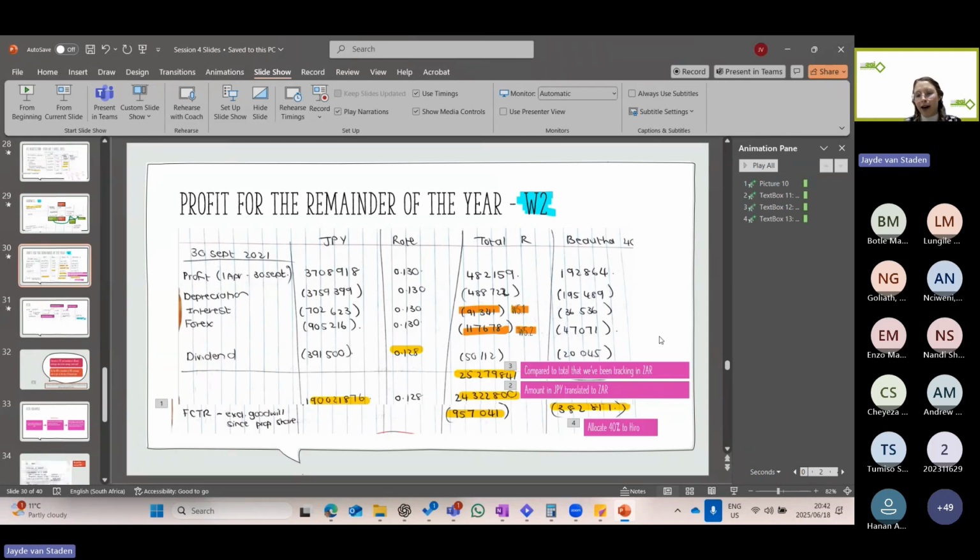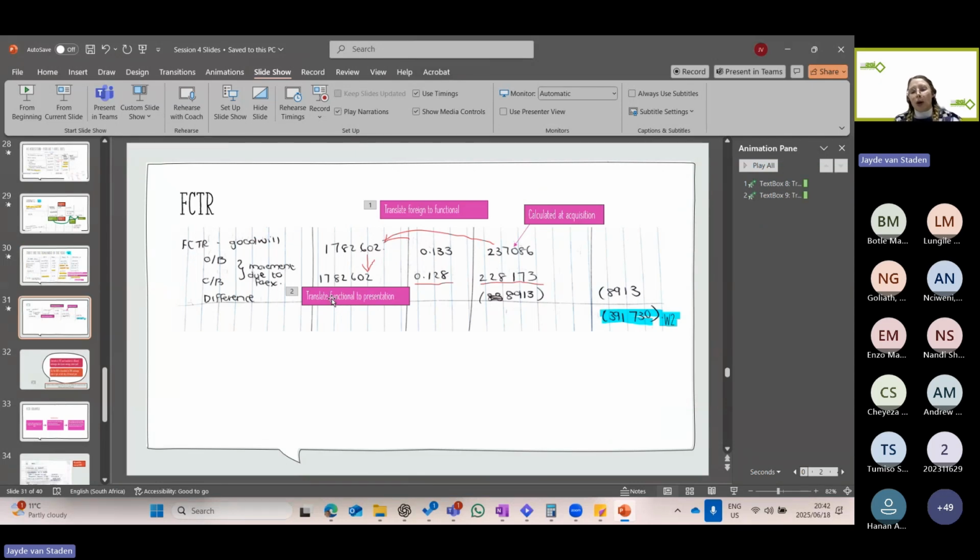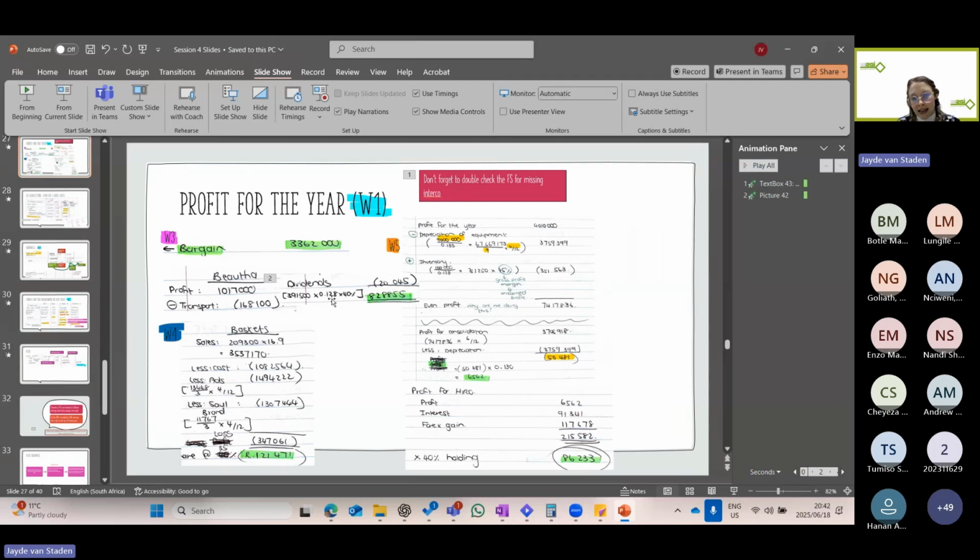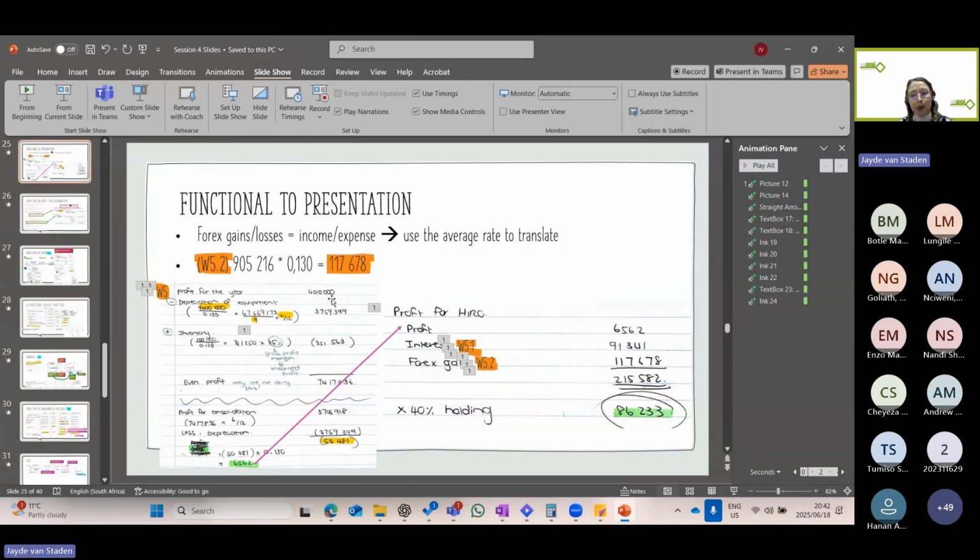I know for a fact that you know, I need to translate this from foreign to functional, and then I'm going from functional to presentation, and that's why the FCTR is arising. So there are a lot of marks outside of the complexity in this question that you could have banked to at least get yourself to 50%.